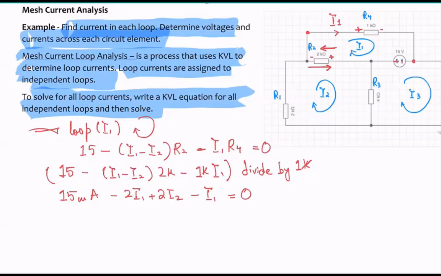Now, if I rearrange the equation, I basically get this 15 milliamps equals to 3I1 minus 2I2, okay? Yeah, does that look good? Okay, and I'll say this is my equation 1. Okay.